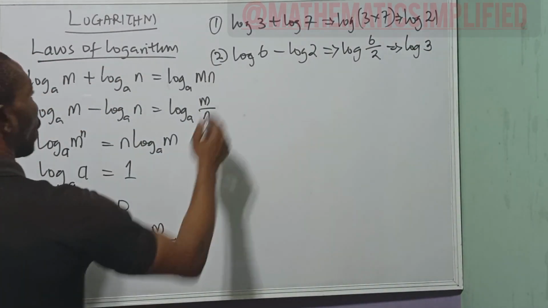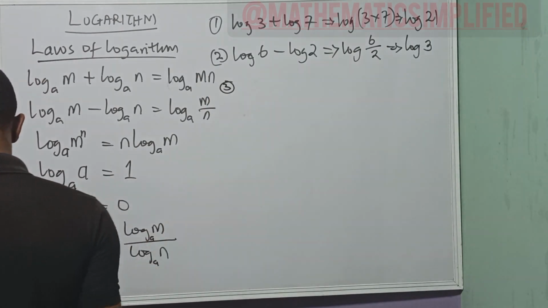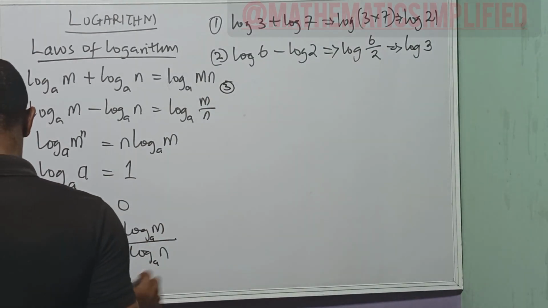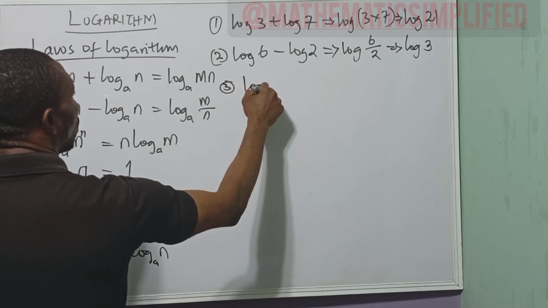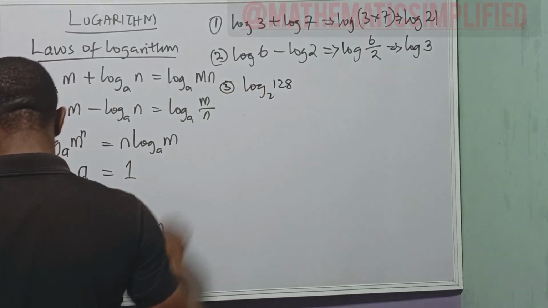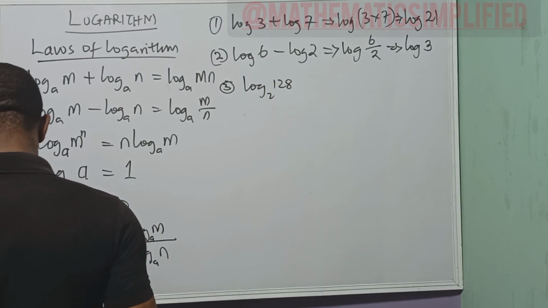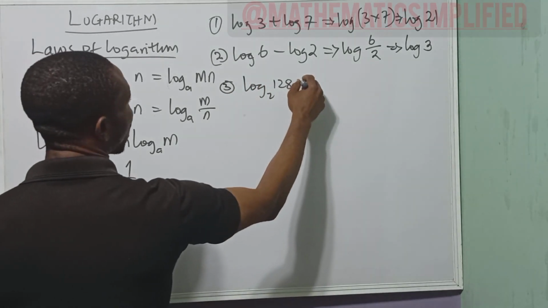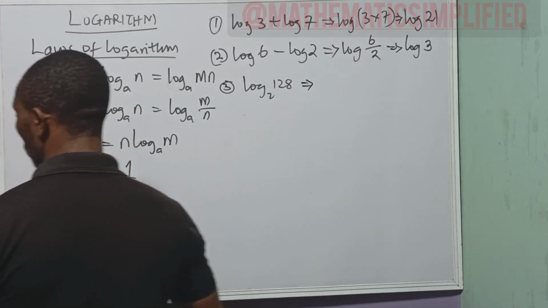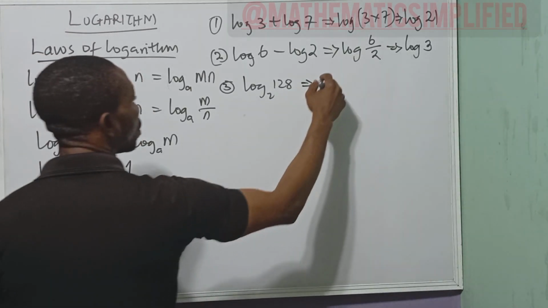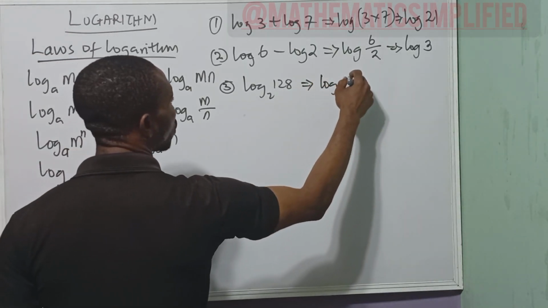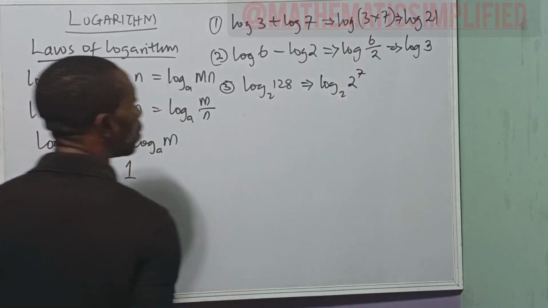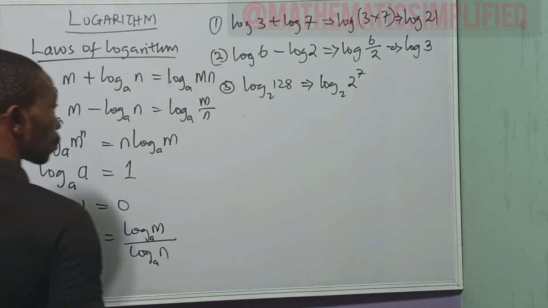Our next one would be log 128 to base 2. 128 is 2 raised to power 7, so log of 2 raised to power 7.